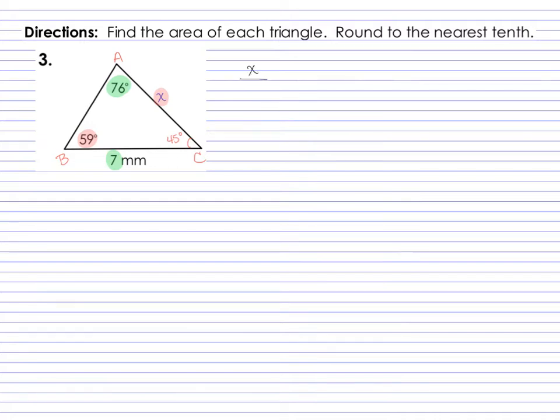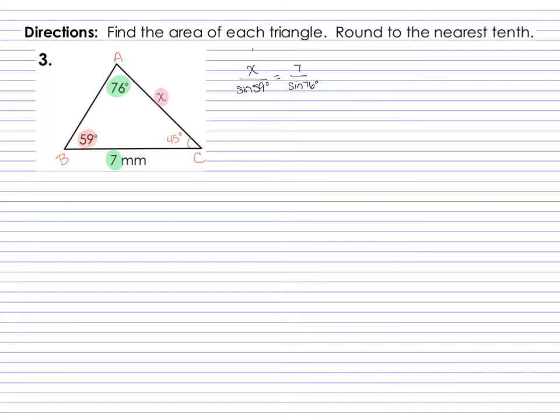So I'm looking for X. I'm going to have that start on top. I'm going to say X over the sine of 59 degrees equals 7 over the sine of 76 degrees. So again, you could put these as the sine of 59 degrees over X and the sine of 76 degrees over 7. As long as you have the sides and the angles in the same relative place in the fractions, either way works.